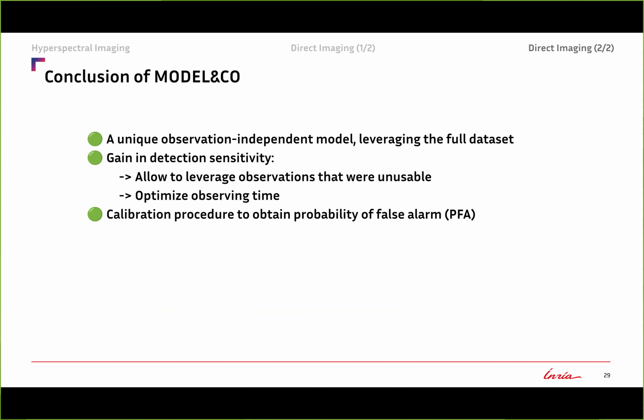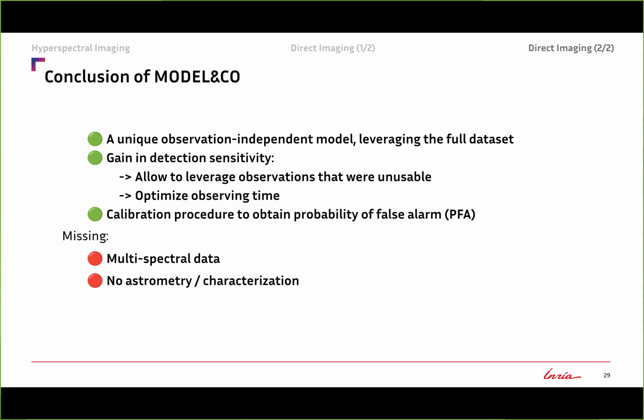We are able to provide a gain in detection sensitivity and also to optimize the observing time, because we can obtain the same performances with fewer frames. So in a sense, we can shorten the observation. And we also provide a calibration procedure to obtain a probability of false alarm with each detection, which was not necessarily the case with DPACO.